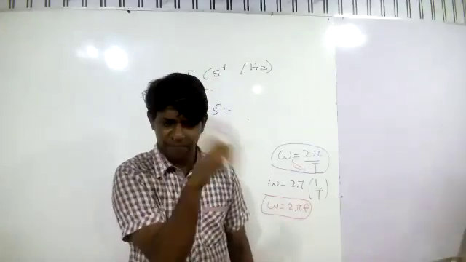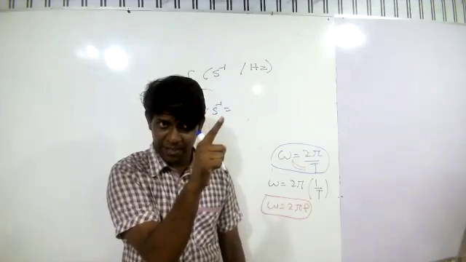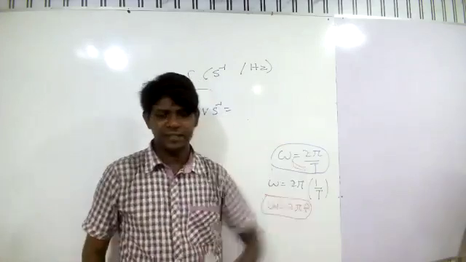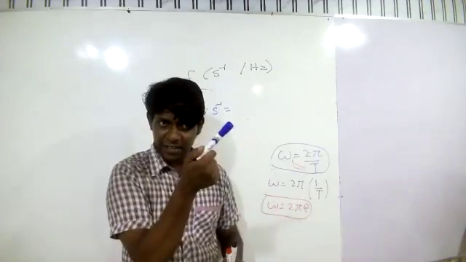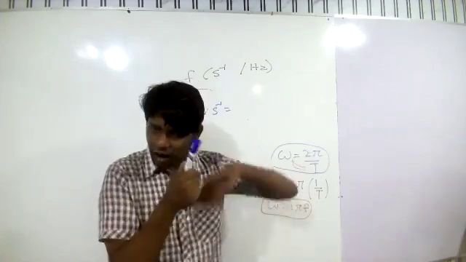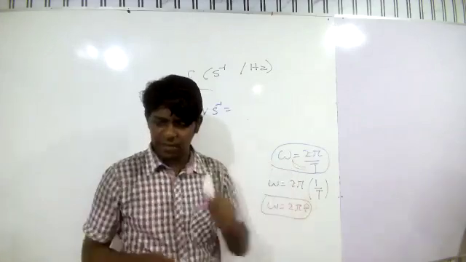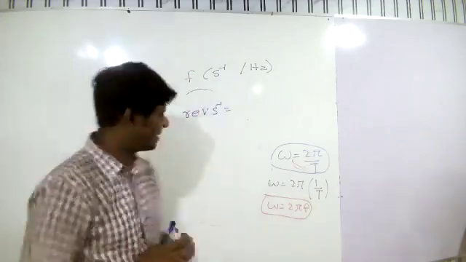Number of revolutions per second. If we take 1 second to complete one cycle, that is 1 revolution per second. If it rotates 2 revolutions in 1 second, that is 2 revolutions per second. If 10 revolutions in 1 second, it is 10 revolutions per second.